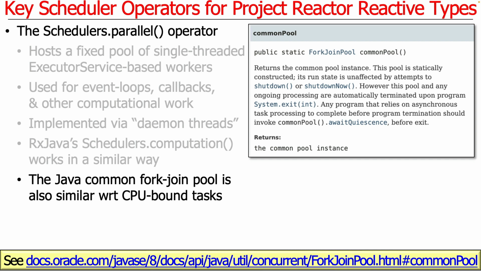Java has a common fork join pool that's also very similar in that by default, it works for CPU or computation-bound tasks, just like we've been talking about. However, you can modify it with something called a managed blocker, and a managed blocker will then arrange to adaptively expand the size of the thread pool so that you can use it for I/O-bound tasks. It's sort of a little-known fact, but it's helpful to be aware of how that works in practice.